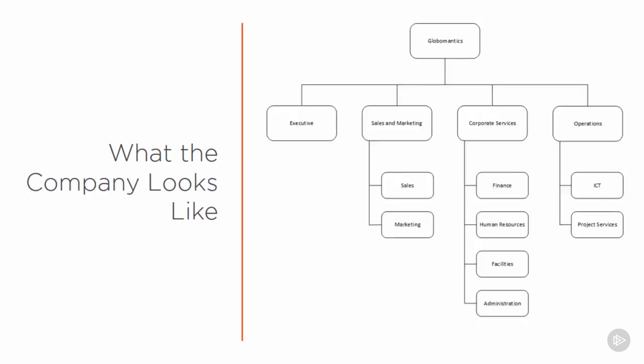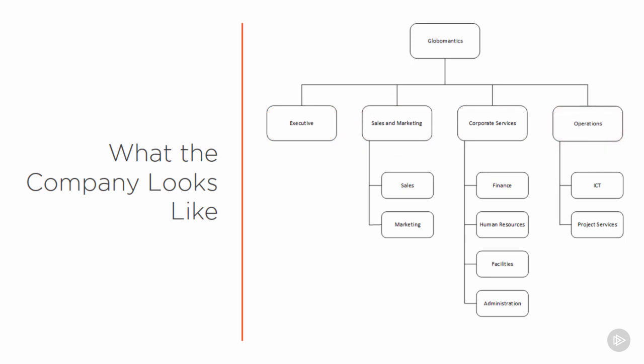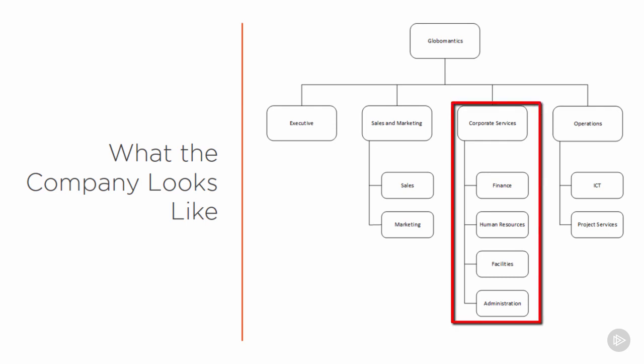So let's say we have a company such as Globomantics, and the company looks like this. The organizational structure involves an executive group and several top-level departments such as sales and marketing, corporate services, operations, and within those departments there might be separate teams. For example, in corporate services you've got finance, human resources, facilities, and administration.